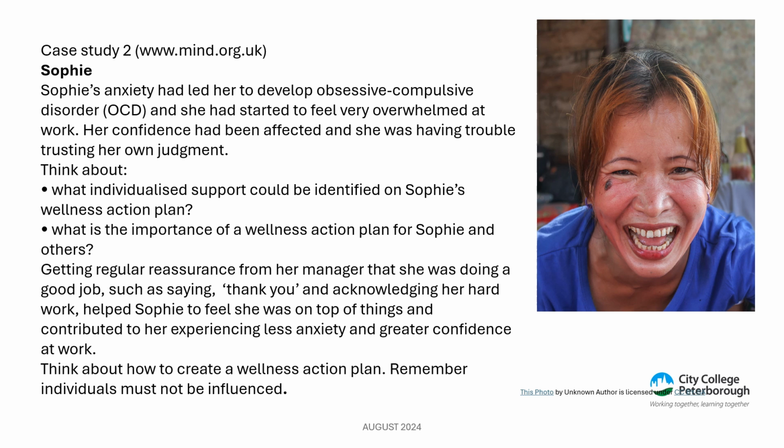And she started to feel really very overwhelmed at work, which then has affected her confidence, and she's having trouble trusting her own judgment in the workplace. So, what can be done with a wellness action plan for Sophie? What support could you identify for her? And what is the importance of the wellness action plan for Sophie and others?